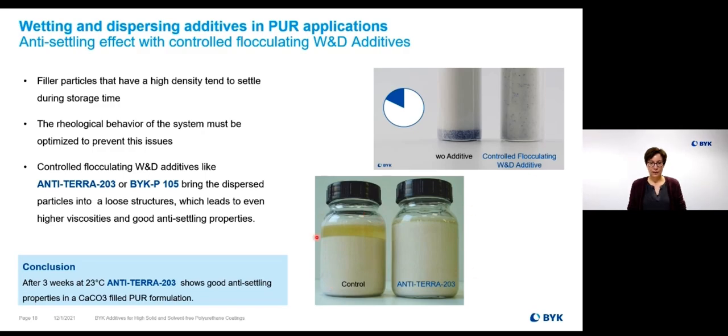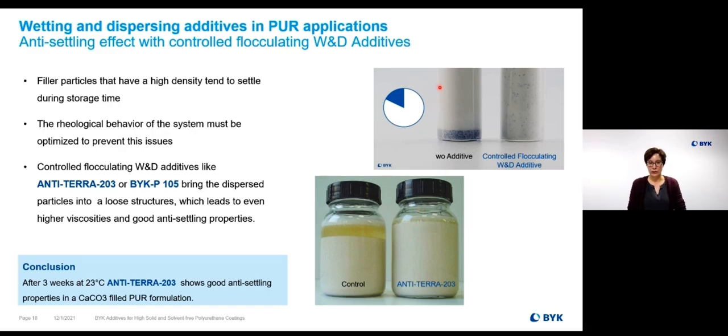Left-hand side, there isn't a wetting and dispersing additive used. And right-hand side, the Antiterra 200 was used. And you see that left-hand side, you have a strong sedimentation, and right-hand side, you do not see any sedimentation, maybe a slight syneresis, but it will be easy to stir up.